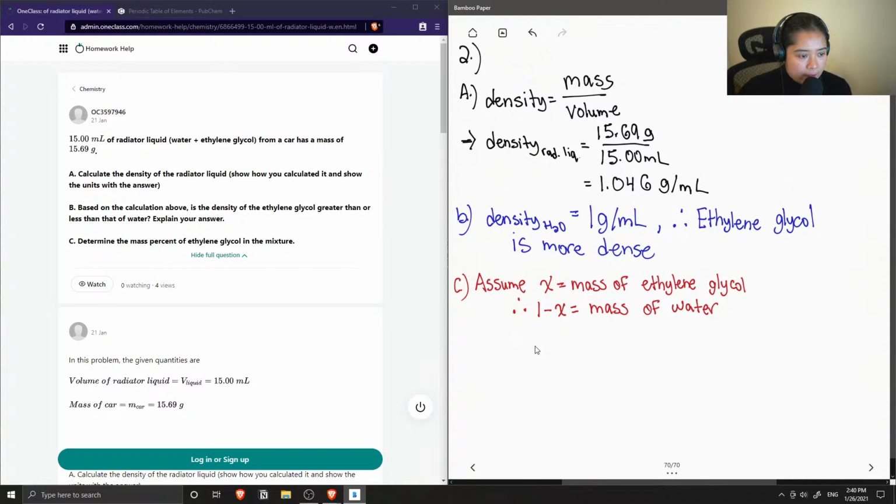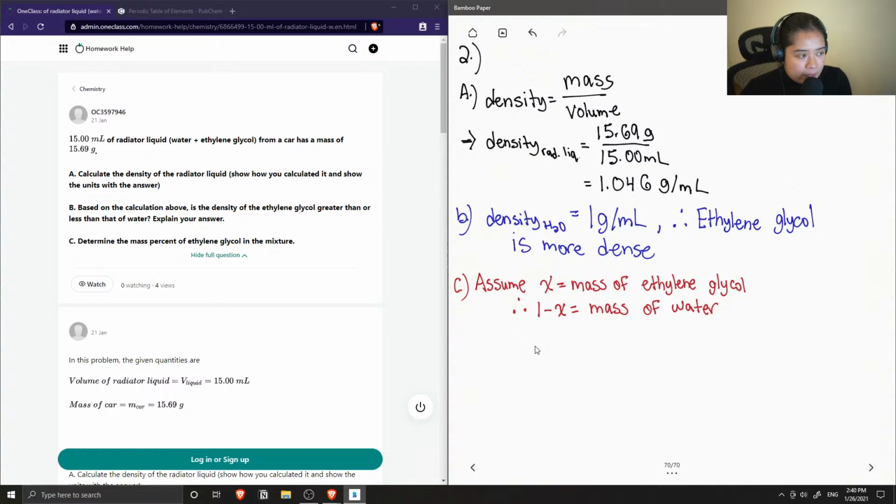And if we had 100% of our mixture, then the mass is X, then we know that 100 minus however much of the ethylene glycol there is will give us the mass of water.